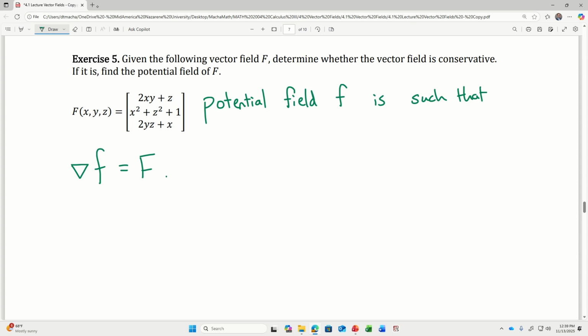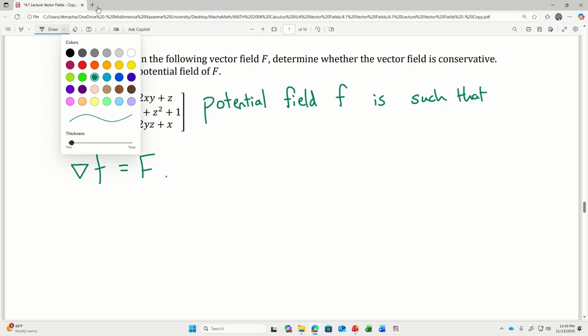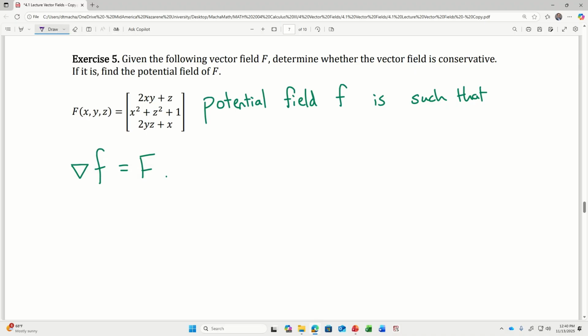That's what it means, as a definition, to be the potential field: if I take the gradient of the potential field, I get the conservative vector field we're talking about. This is the same vector field from before, so we know it's conservative.